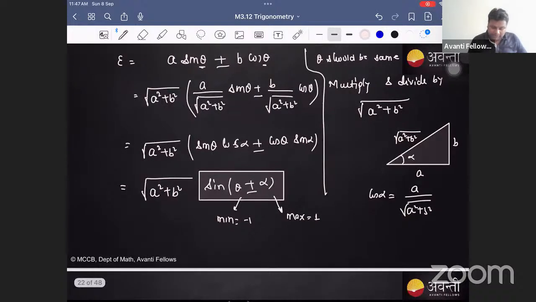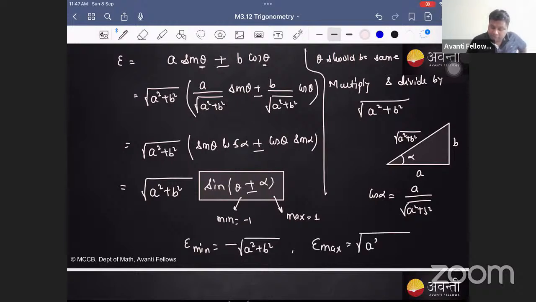So that means this E will have minimum value as minus under root of a square plus b square, and E maximum value will be under root of a square plus b square.